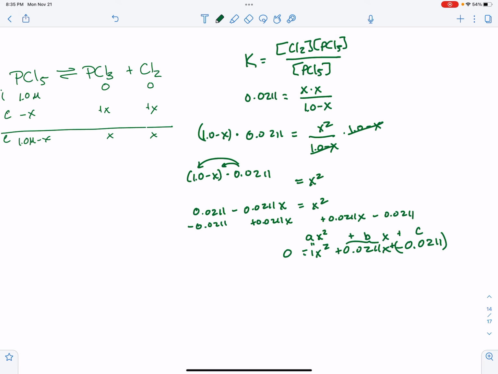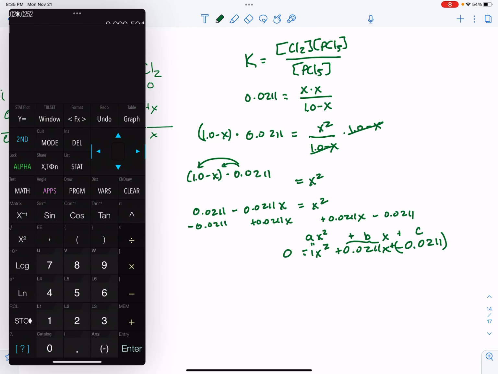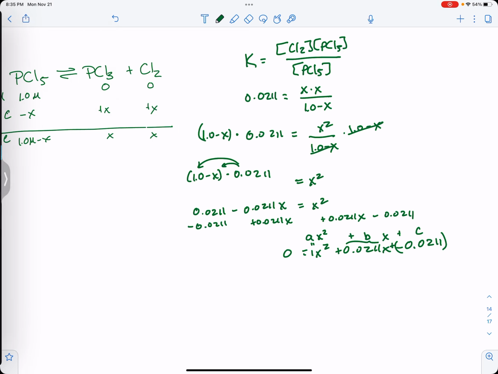Now, if you pull up your graphing calculator, you can go into the quadratic function, type in A, B, and C, push enter, and then you can do graphing or solve it that way. However, this is where I'm going to suggest that there are faster ways of solving it.